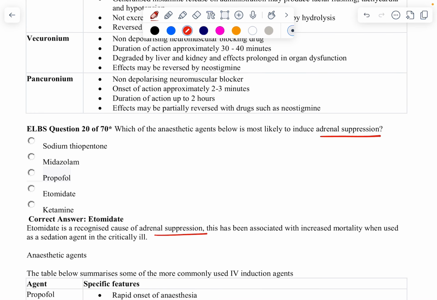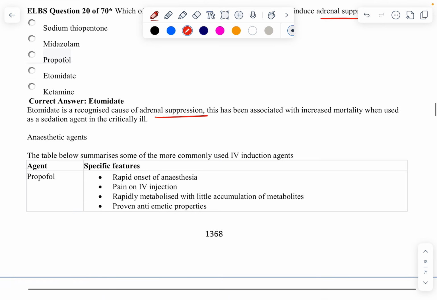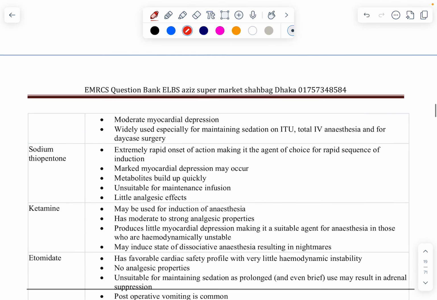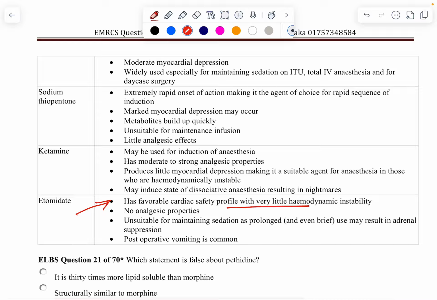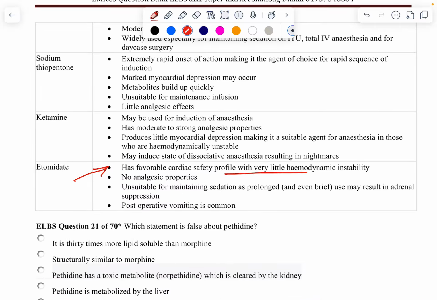It is also adrenal suppression. Cardiac safe, but it is adrenal suppression.